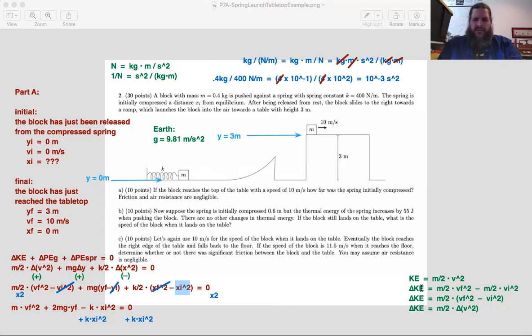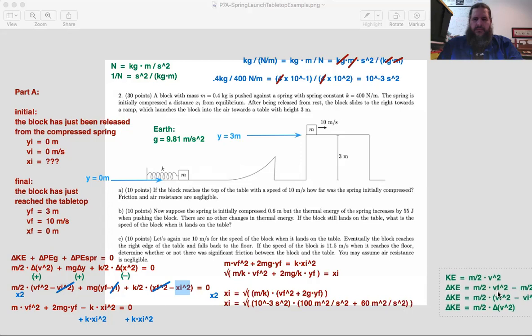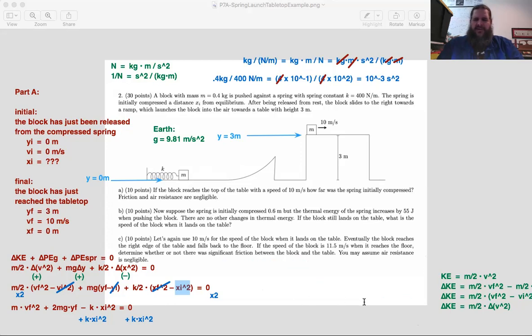So I think that does it for all the numbers we need to plug in. Any other questions on that so far? Then we could combine the 100 plus the 60 to get, let's see, 10 to the negative 3 second squared times, that just becomes 160 meters squared per second squared.